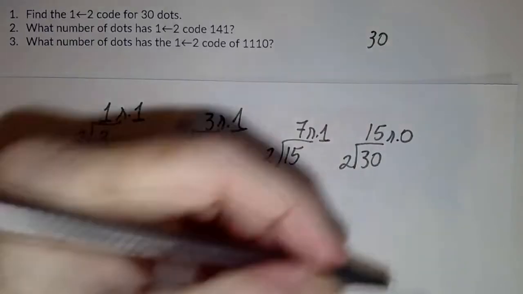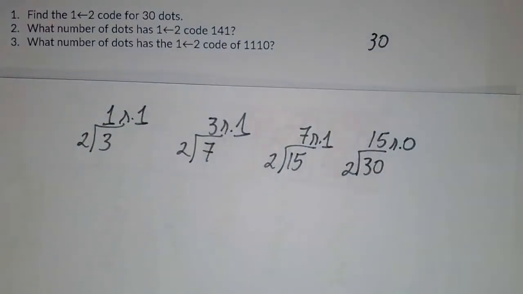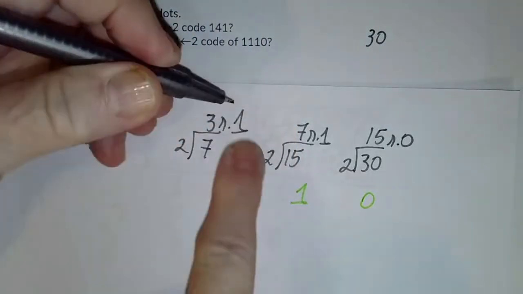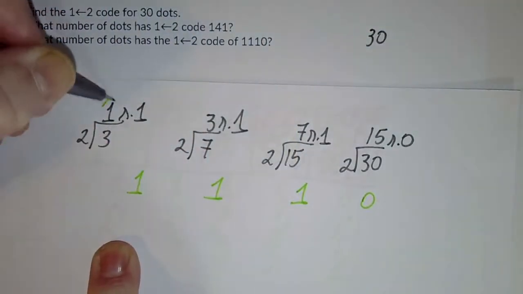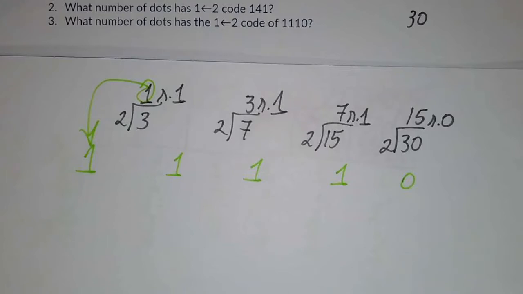So we have, let's use green again. We have 0 from the remainder. We're just looking at remainders. 1, 1, the remainder, and then the last number. So we have 1, 1, 1, 1, 0. And we could write it this way.